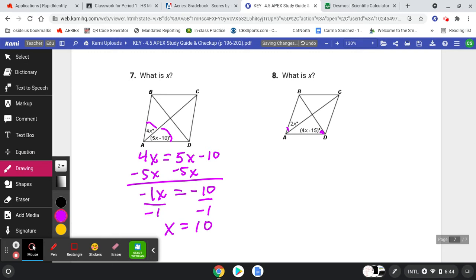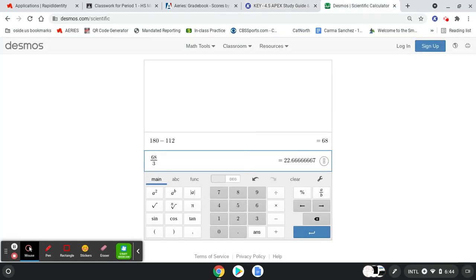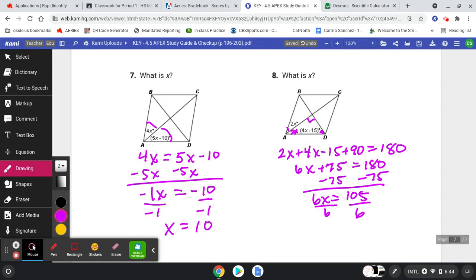But I also know that I could write this 2x in because those are bisected into the other corner. And then we know that this is 90. So couldn't we say that 2x plus 4x minus 15 plus 90 equals 180? And that 6x plus 75 equals 180? And that 6x equals 105? So 105 divided by 6 is 17.5.